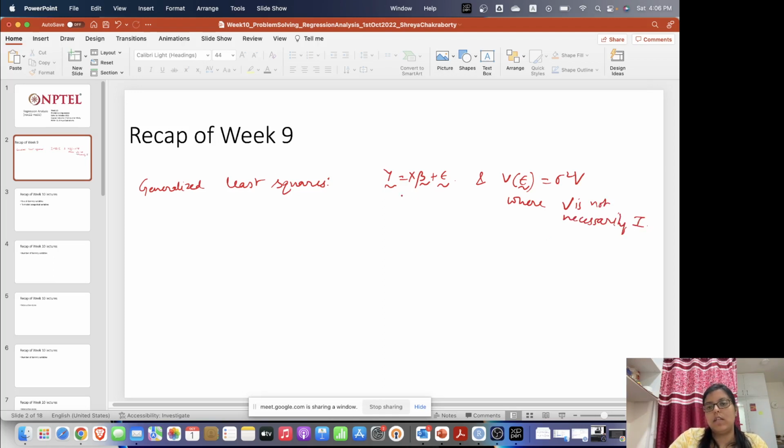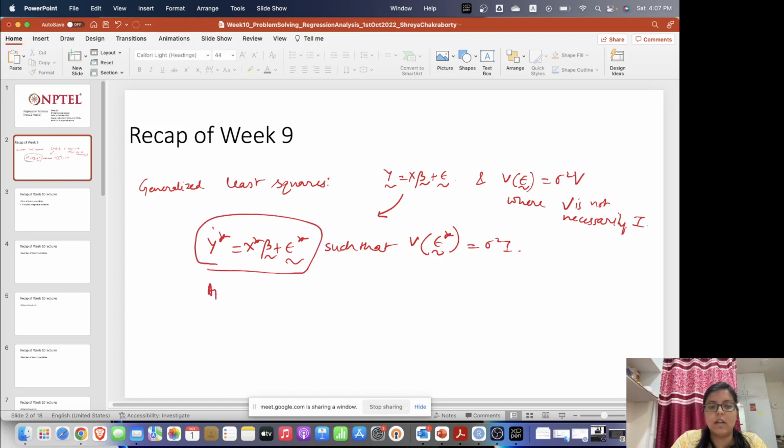In such cases, we transform this into a revised model such that the variance of epsilon star, the errors of the revised model, becomes sigma square I, and then we apply our OLS concepts on this transformed model.